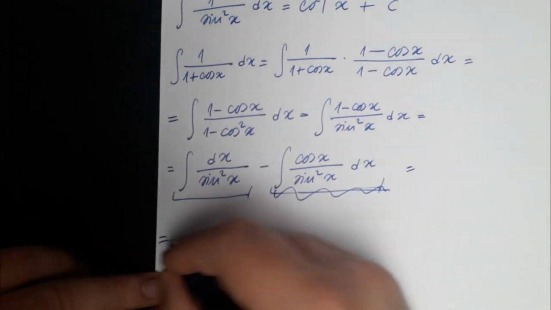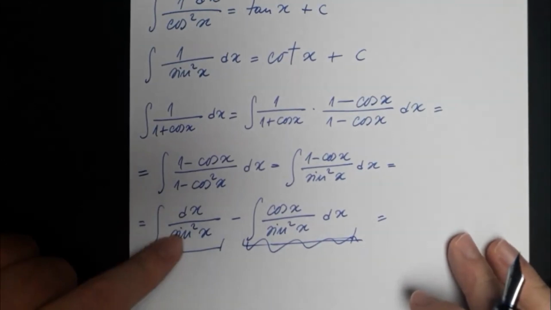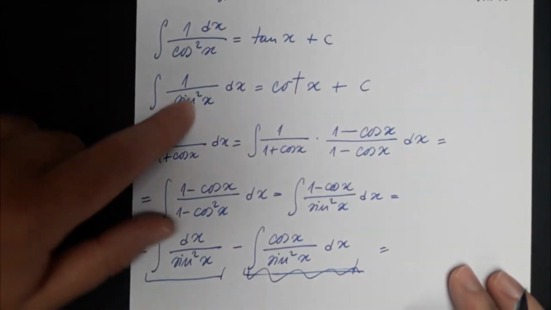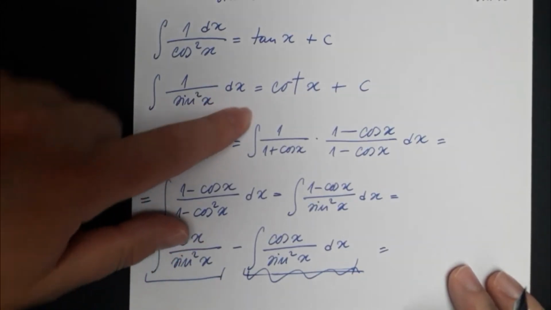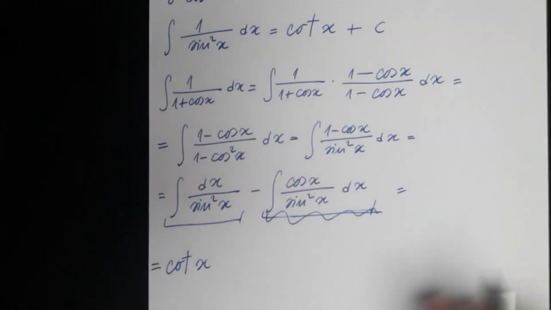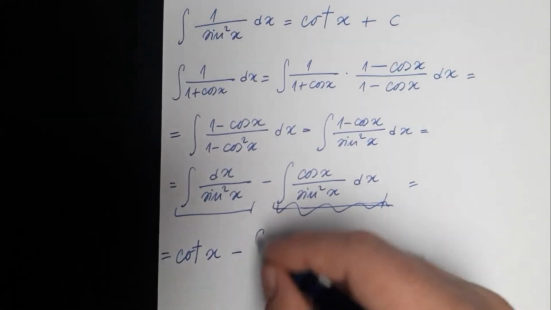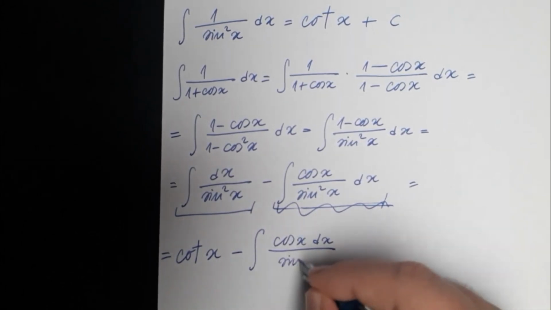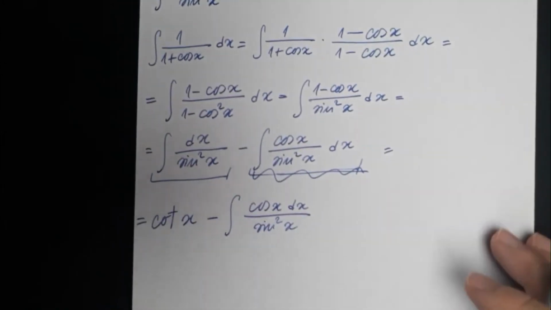So this is equal to integral of dx divided by sine squared of x. It's right here, dx divided by sine squared of x. It is a negative cot x. And then minus integral cosine x dx divided by sine squared of x.